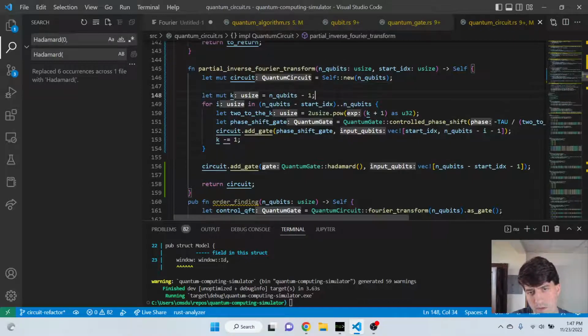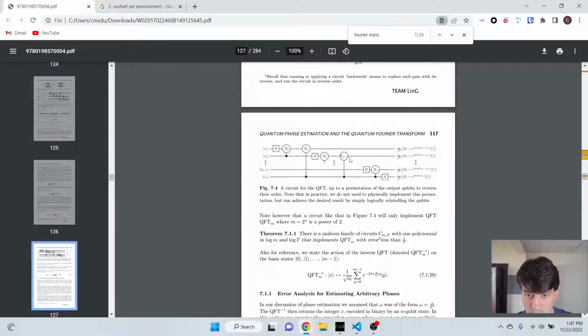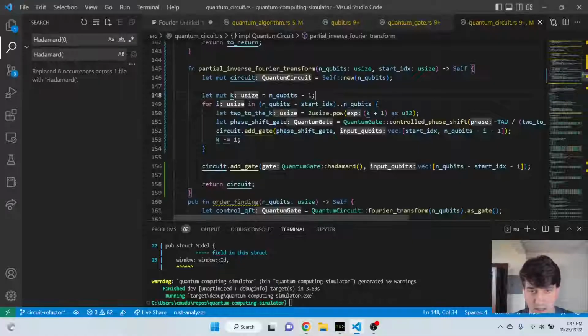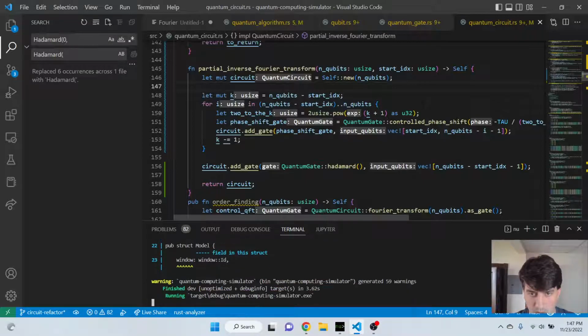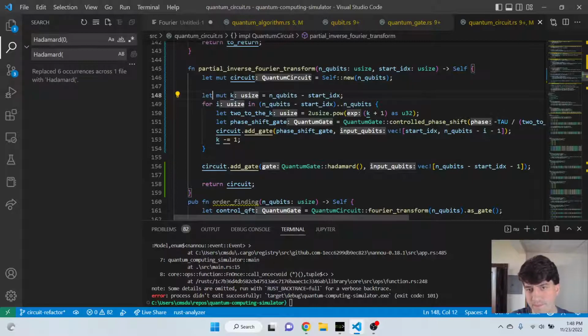N qubits minus 1 is not where it should start. It should start at n minus 1, n minus start IDX. Maybe minus 1. Probably minus 1.